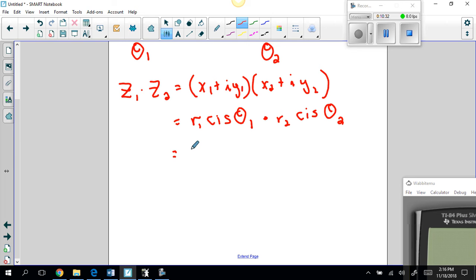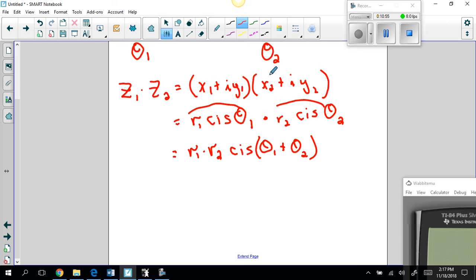Accept this. This answer is just r1 times r2 CIS of theta 1 plus theta 2. Boom, here's the answer. There's no first, outer, inner, last, i squared equals negative 1 business. It is boom, I'm done.